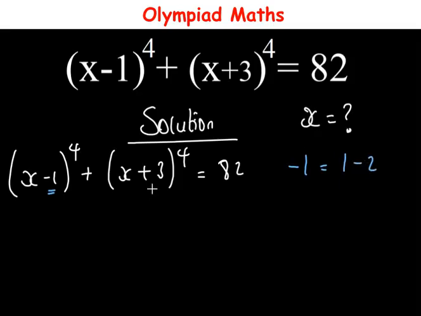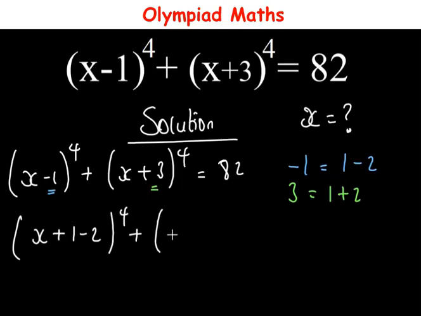And also we can write 3. 3 can be written as 1 plus 2, such that this equation then becomes (x plus 1 minus 2, to replace minus 1) all raised to power 4 plus (x plus 3 becomes x plus 1 plus 2) all raised to power 4 is equal to 82.